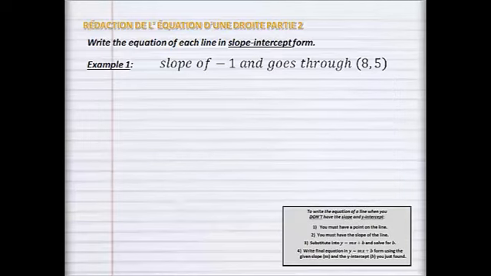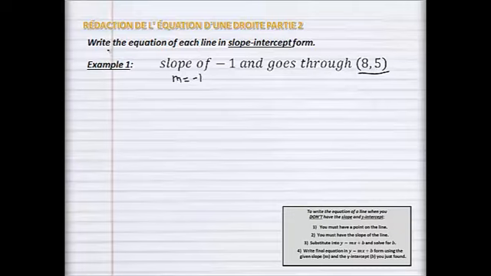Okay, first example. We want to write the equation of each line in slope-intercept form. In our first example, we tell you that it has a slope of -1. What that means is that m equals -1, and it goes through this point. It doesn't give you the y-intercept, but it does go through that point.